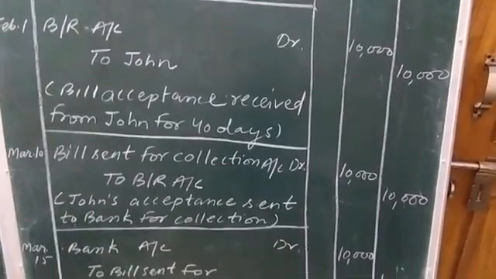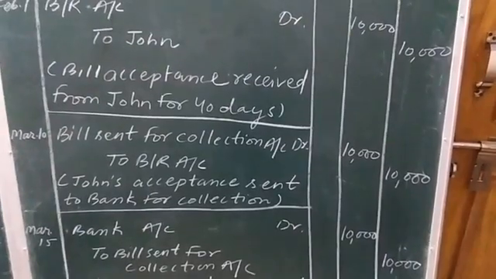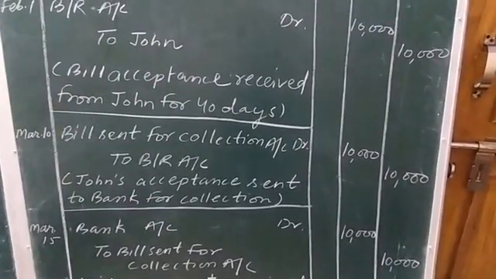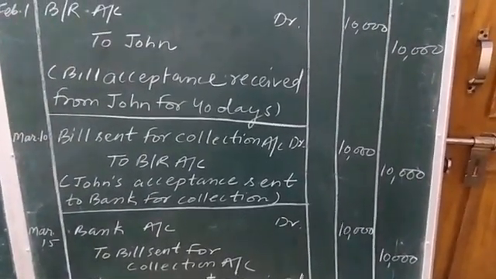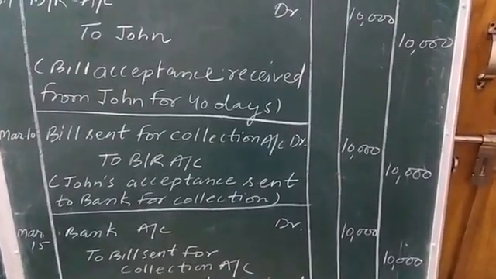Now on March 15, that is the date of maturity, what will happen? The bill's payment will be received by Jimmy from the bank side.